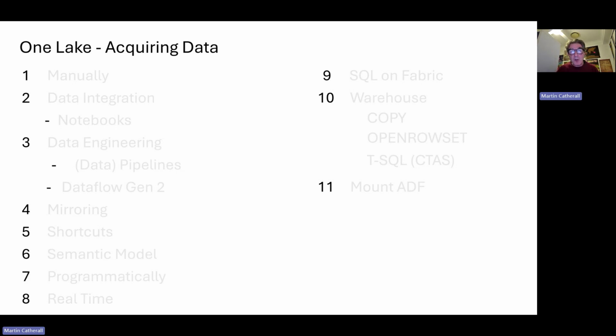We've got shortcuts. Remember, we can shortcut to internal storage systems, other workspaces, and we can also connect to external sources such as Azure storage. We can connect to S3, we can connect to Google. We threw in semantic models, getting data from those, and we've seen we can do it programmatically, collecting data from different sources and maybe ingesting it.